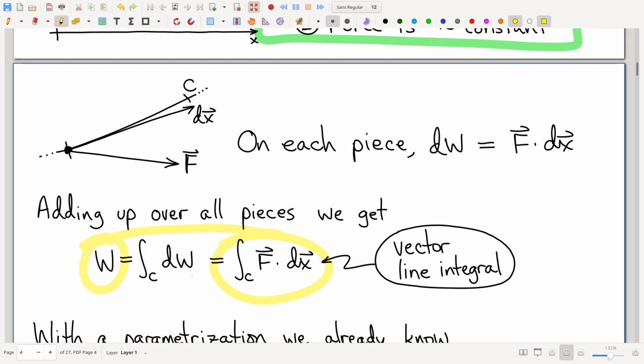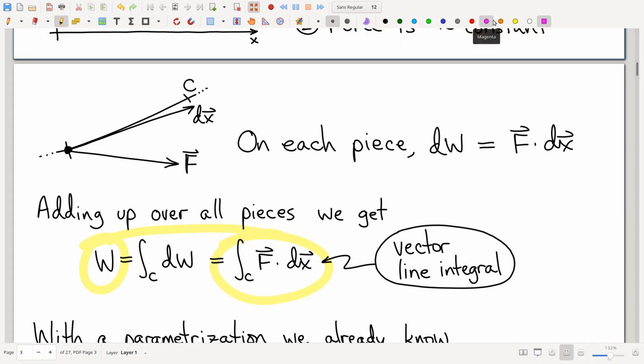We very innocently and in good faith just started asking questions about work, and we find ourselves with a brand new construction with a vector integrand, unavoidably. Force is a vector. And then further and weirder, a vector differential for our integral. And that's also something we've never really seen before. Right, so it's a brand new kind of integral.